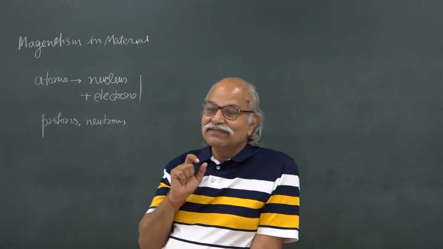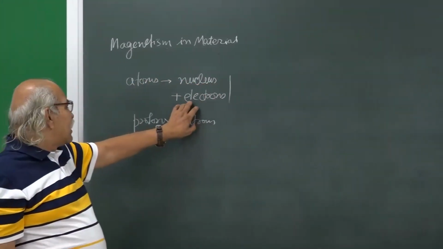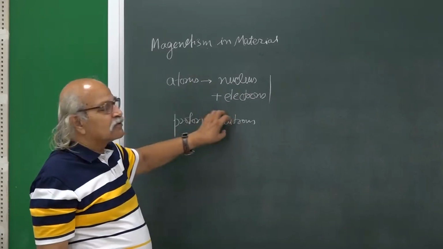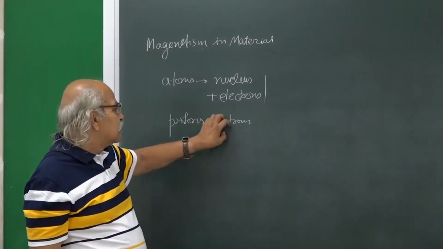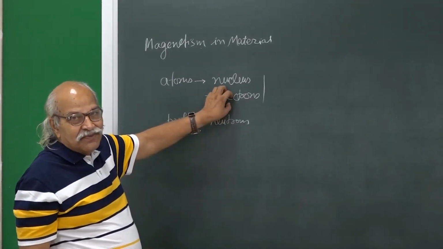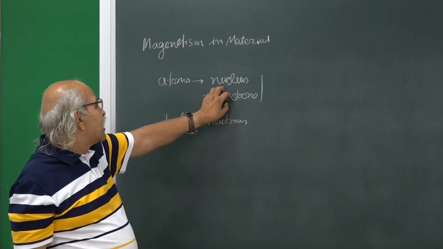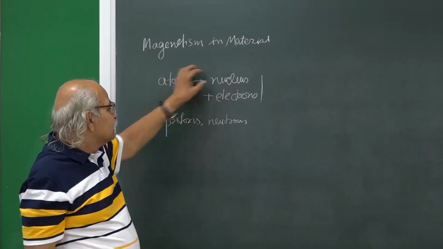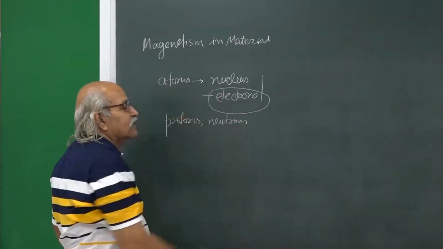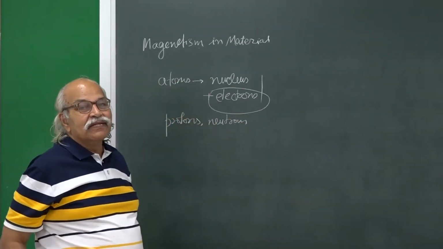This is an important thing to know, and the magnetic dipole moments of protons and neutrons are very, very small compared to that of the electron, and therefore, we do not talk about the magnetic moment of the nucleus, we only talk in terms of the magnetic moment of the electrons.